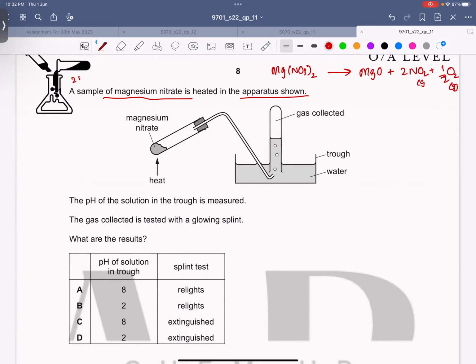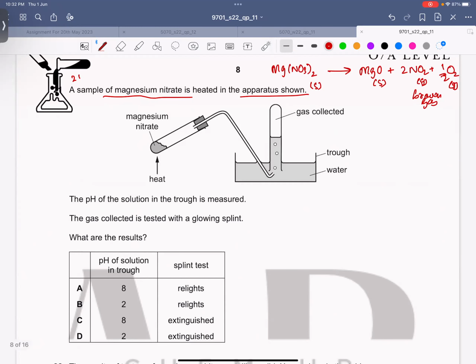The magnesium oxide is a solid, the oxygen is a gas, and the nitrogen dioxide is a brown gas. Now, what the examiner is saying is that the pH of the solution in the trough is measured.